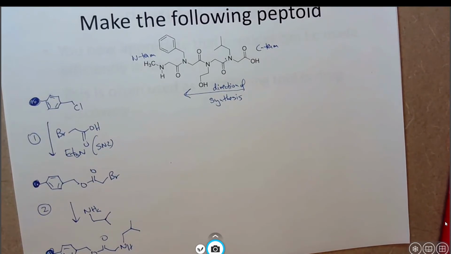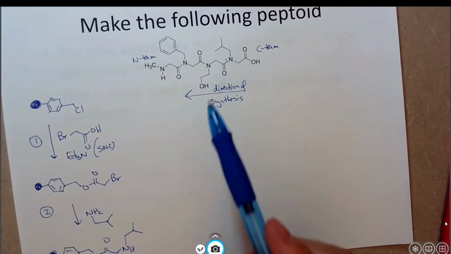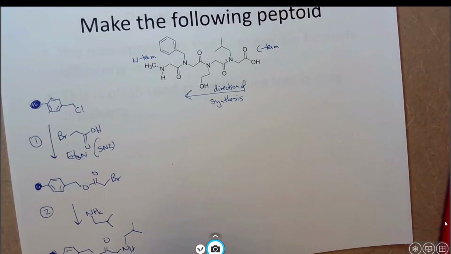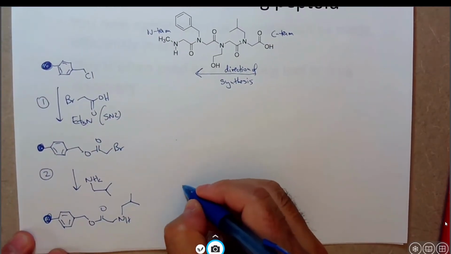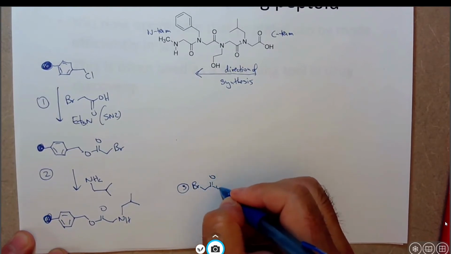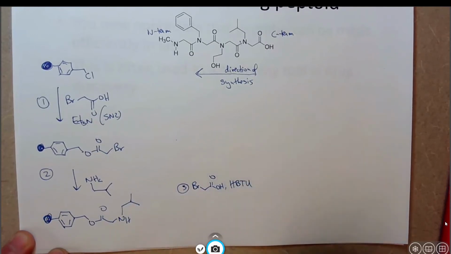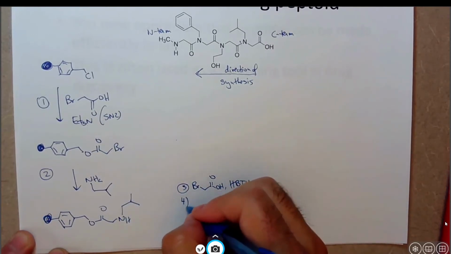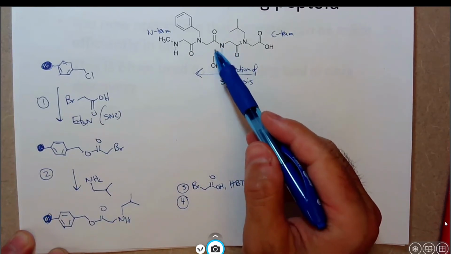All right, so now you can see the pattern that we learned on the previous slide. Now we need to form an amide bond, and we're going to react this with the bromoacetic acid and coupling reagent. Okay, so step 3 will be the bromoacetic acid and coupling reagent. Step 4 will be the amine here. This is called ethanolamine.